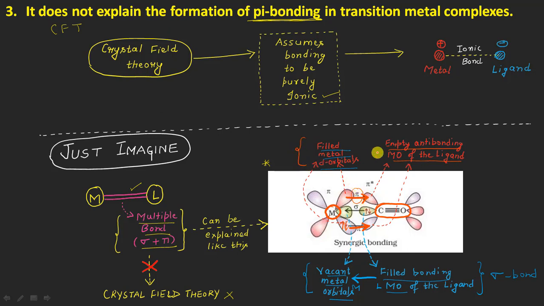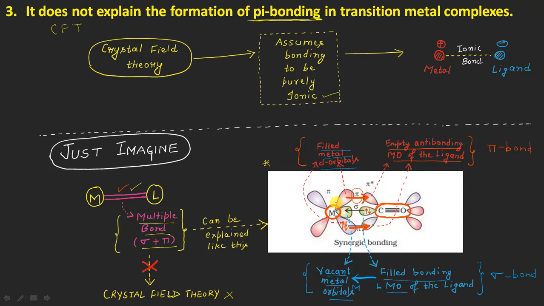So I will write in the bracket that a pi bond will be formed here, right? So one sigma and one pi will result in the formation of a double bond, something like this. And the theory which explains this type of multiple bonding between metal and ligand is the molecular orbital theory, right?